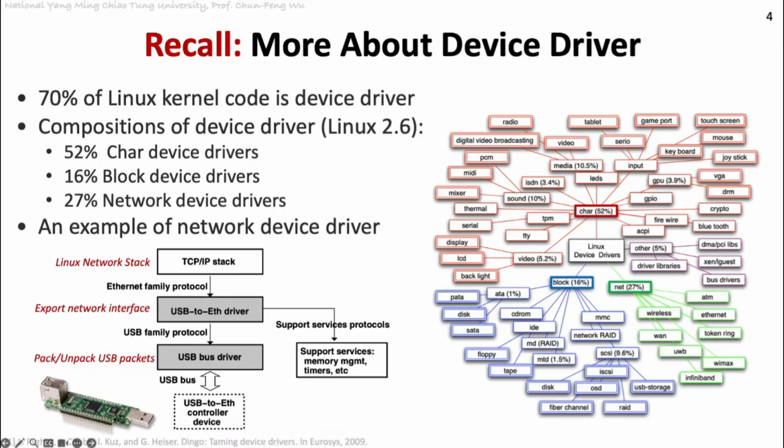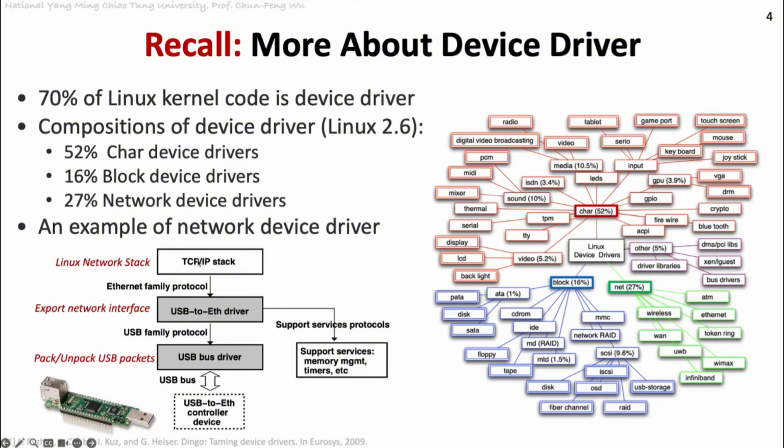On the motherboard, there are several sockets: USB sockets and PCI sockets. Those controllers, the USB controller and the PCI controller, are also on the motherboard. So for the controller to communicate with those devices, we need some kind of software, and that software is the device driver.